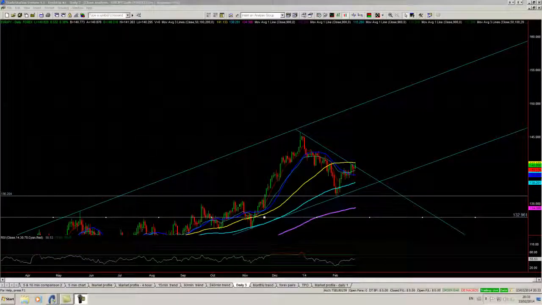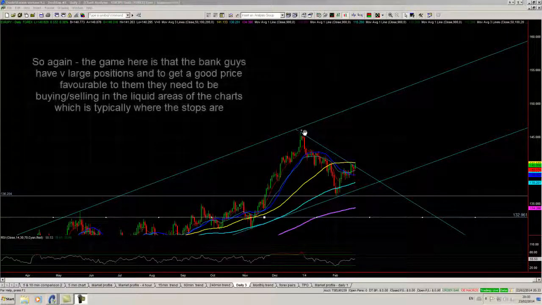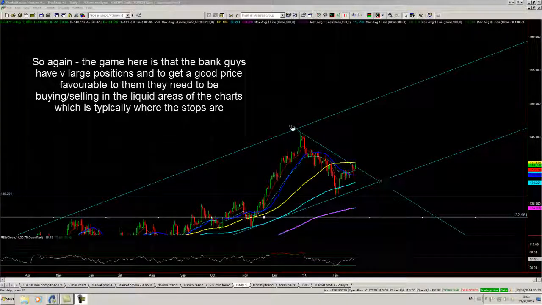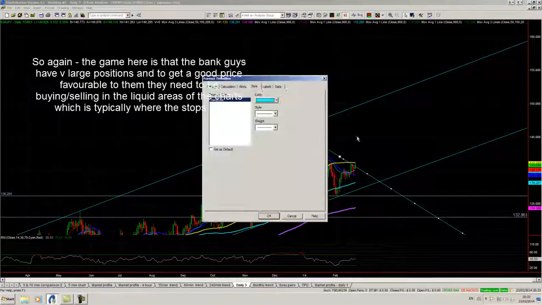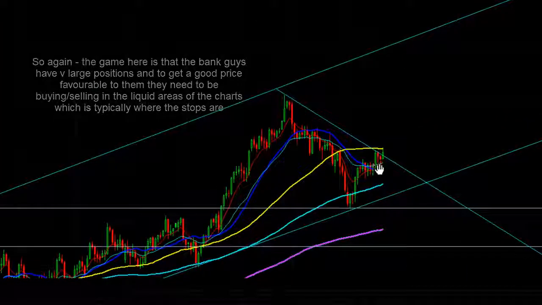Okay, so let me show you an example of what I'm talking about here. This is Euro Yen, and you can see here what the basic training courses teach you is to look for a pattern like this, where you have a sequence of lower highs and lower lows, and you have a trend line beginning to form, and I've drawn that line in here. So then what the bank guys will probably do is they paint some candles.